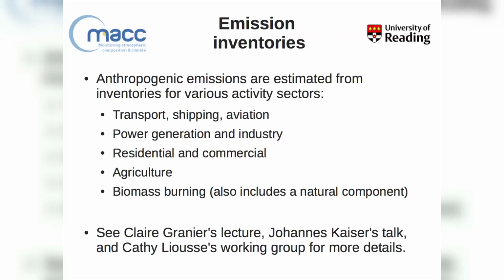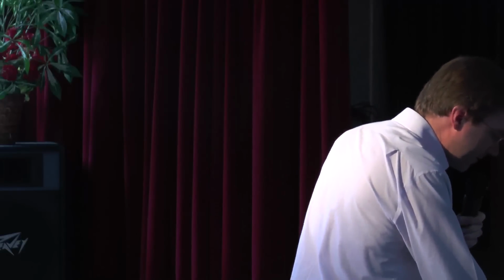So each time we burn wood, it also includes a natural component from fires started by lightning, but it's very difficult to separate the source in those inventories. I will not go into too much detail, but you can see Claire's lecture later in the week. Johannes is scheduled to give a talk on the biomass burning emissions, and Cathy will have a working group on emissions. So they will give much more details on how those inventories are done.